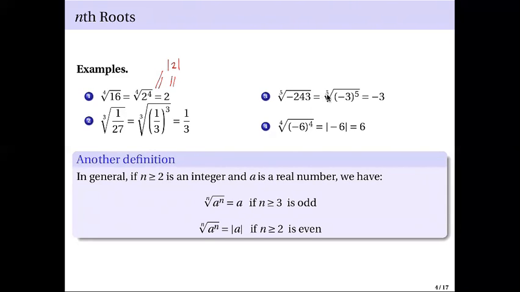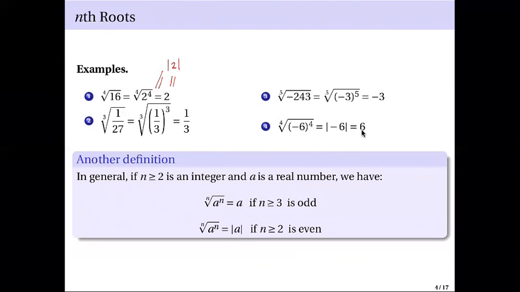Here, 5 is odd, so fifth root of negative 3 to the 5, they just canceled. We just copied negative 3. Here, 4 again, 4 is even. But notice, instead, we have here a negative number raised to power 4. So we use the absolute value of negative 6, and that's equal to 6. Okay?